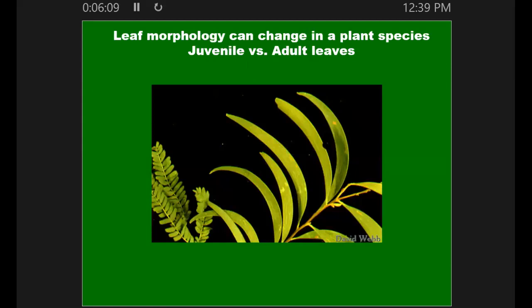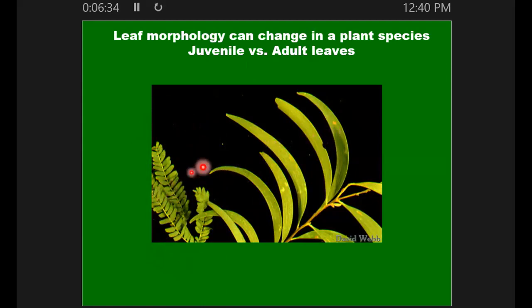This is important to realize too. If you are out hiking around and you see a young seedling, that can be really hard to identify, because what you're seeing here is the exact same species of plant. But on the left, that's what it looks like when it's very young. And then as it grows older, its leaf design morphs into a very different design.